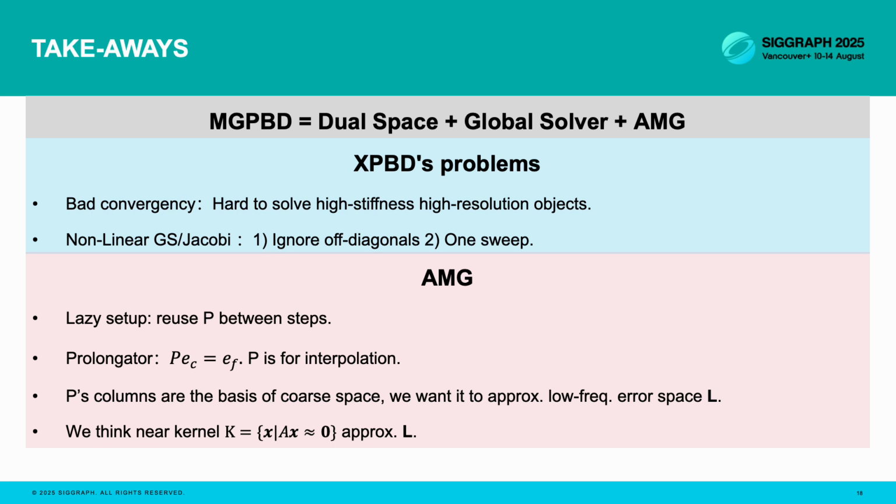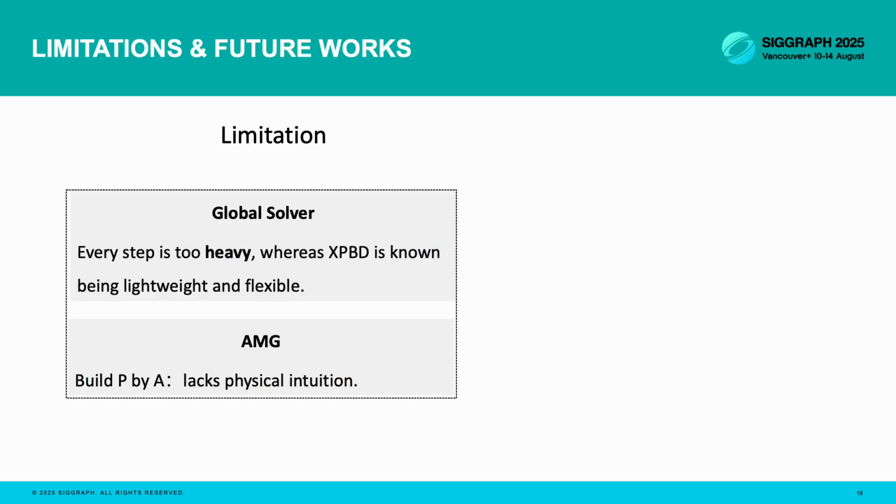Key takeaways: MGPBD combines dual space, global solver, and AMG. It solves XPBD's failure cases under high resolution and high stiffness. We use lazy setup and the near kernel to boost AMG. One major limitation is that each step of our global solver is too heavy, losing the lightweightness and flexibility of XPBD.